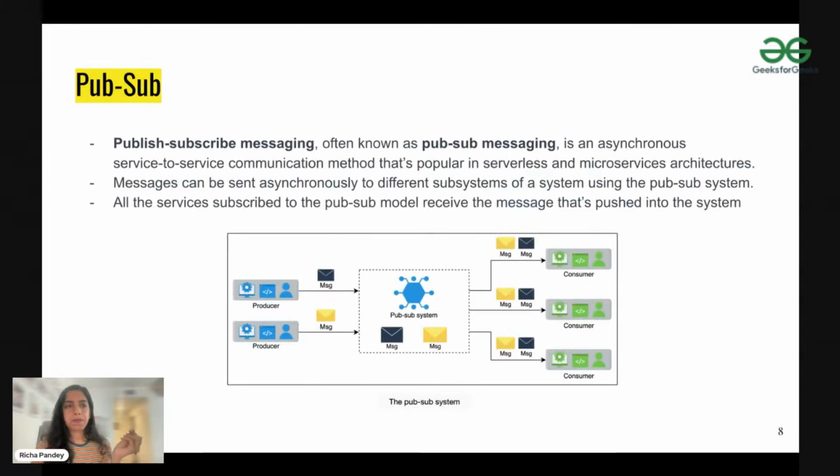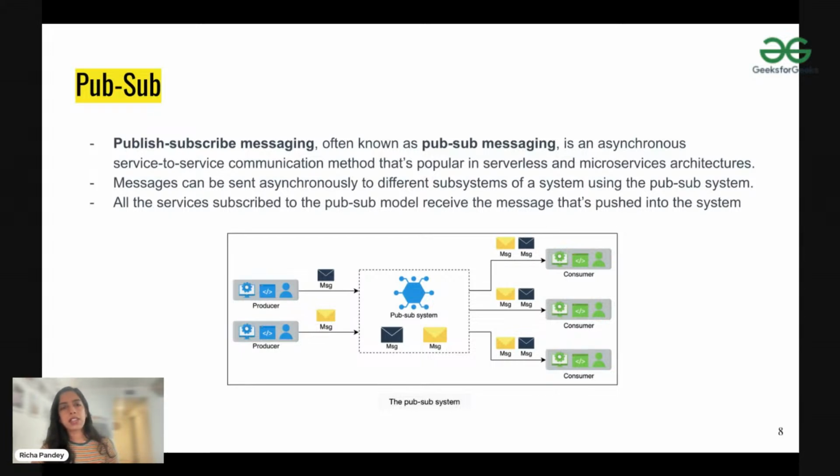Okay, let's get started with PubSub. This is a very common service used in a lot of messaging-based systems and notification-based systems. The full form of PubSub is publish-subscribe messaging.